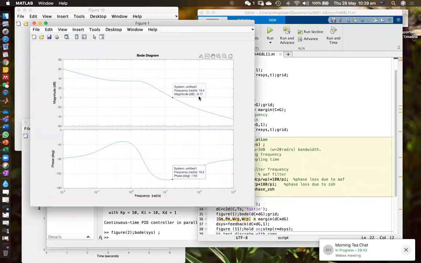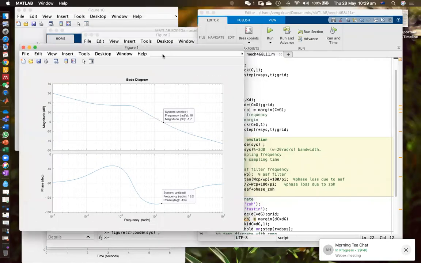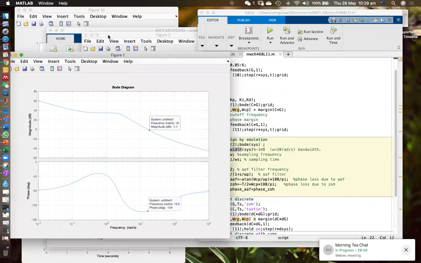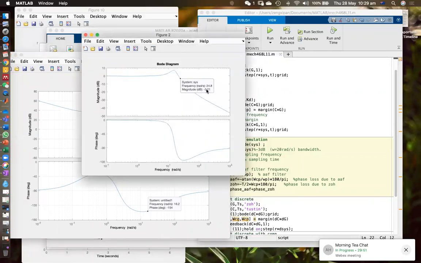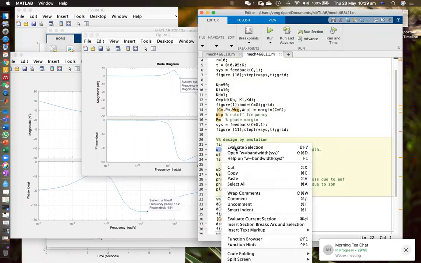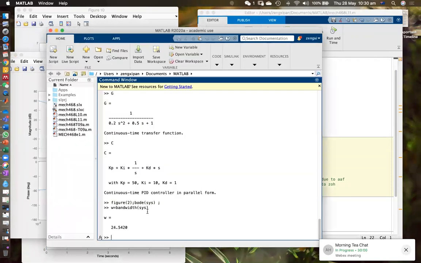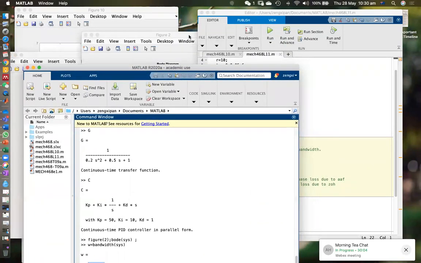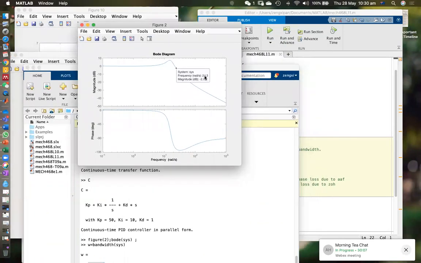So it's about -3 dB. If I just run this bandwidth, omega is our bandwidth, and it's 24.5. So if you look at this figure 2, that's 24.5 exactly, right? When this goes to -3, it's hard to drag it, but you got the idea.